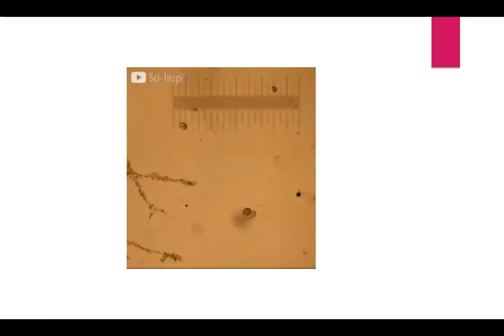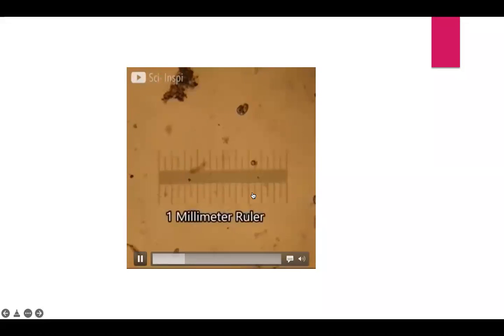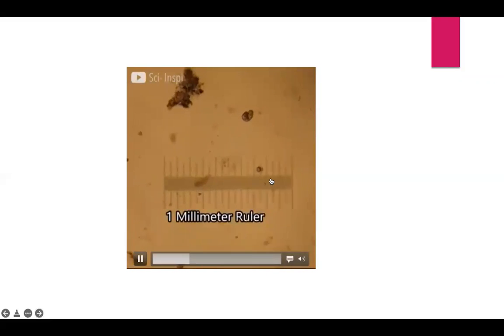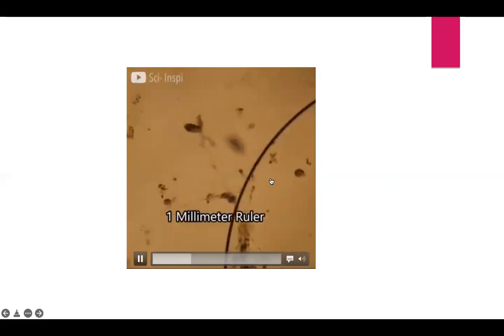Okay, you can see here the movement, which is another feature of a living being. You can see them moving. You can see the size. This is a 1 millimeter ruler. Ooh. So very small, tiny organisms.